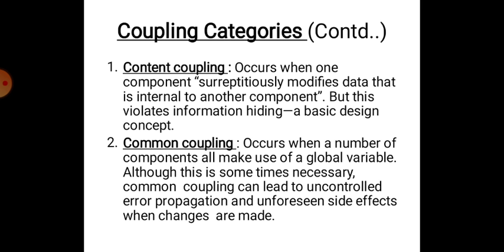Students, when there is common coupling, that means all the components make use of one common global variable. In such cases, if there is any error or side effects, that will propagate to other components also. So sometimes common coupling is bad.